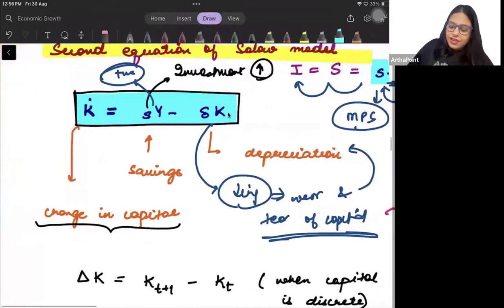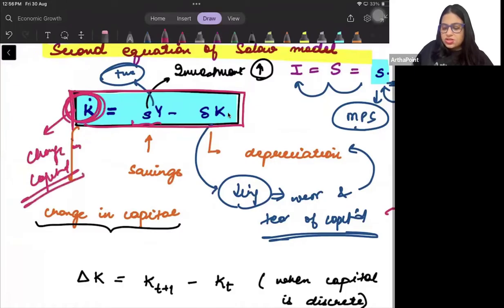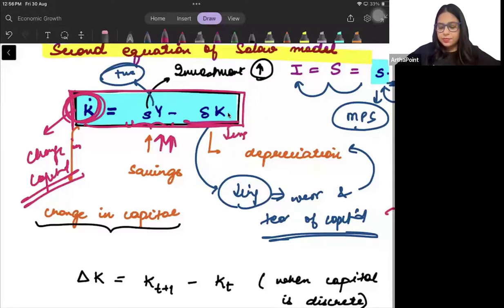Now, we have this equation which says K dot is equal to, K dot is nothing but change in capital. This is equal to investment, which is increasing capital, minus depreciation, which is decreasing capital.